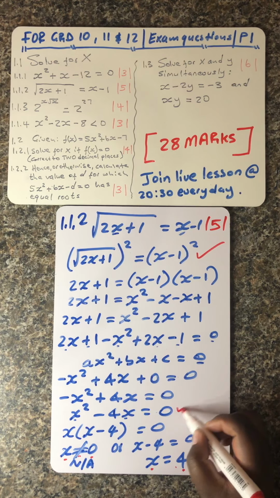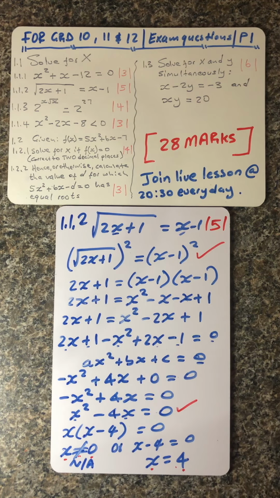After that, they will also give you a mark for factorization. This is how you factorize. The other mark will come on this x value, and the last mark will come from this x value. So I hope you're able to see where you score marks for this question.